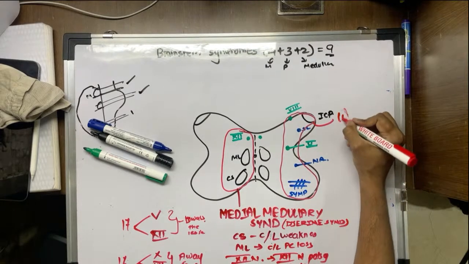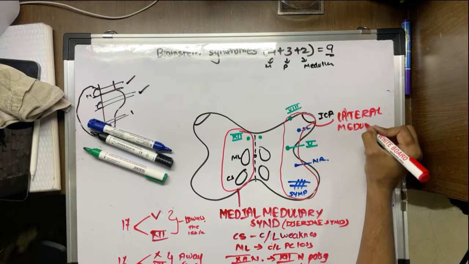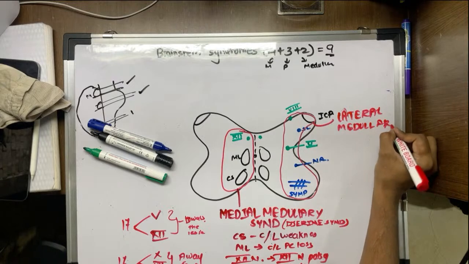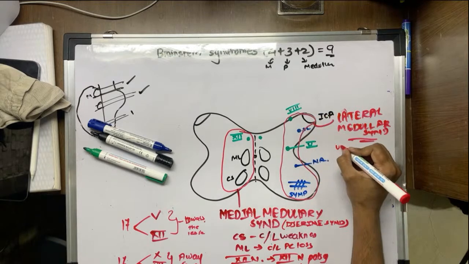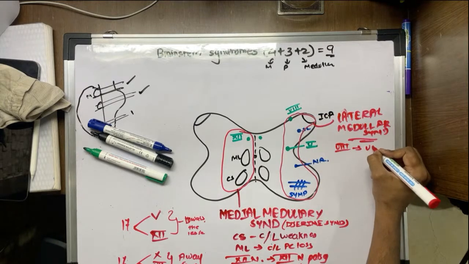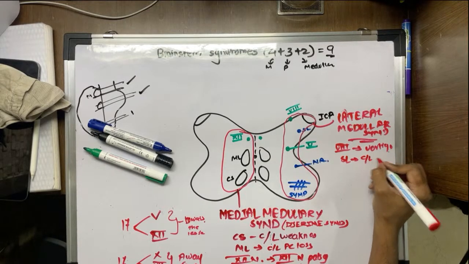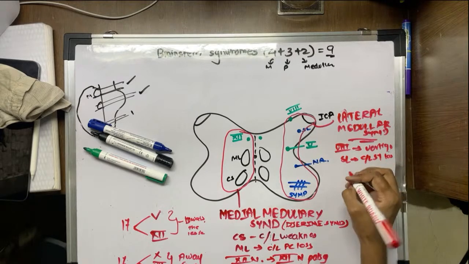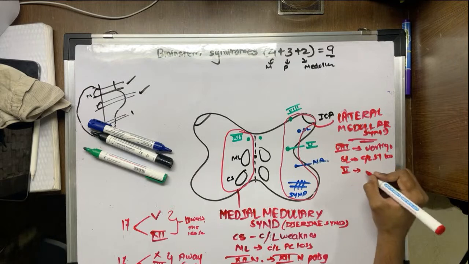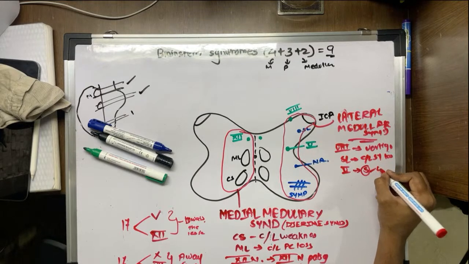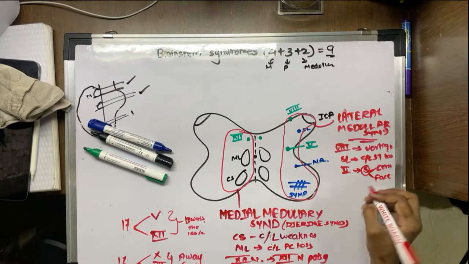Alright, this is the lateral medullary syndrome. What all is gone? The 8th nerve is gone. The spinal lemniscus is gone, so contralateral spinothalamic loss. My 5th nerve nucleus is gone, so the sensation over the cornea and face will be gone.